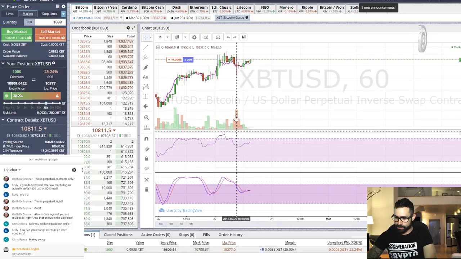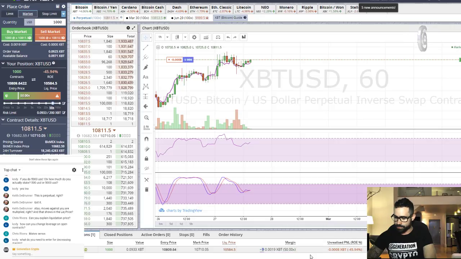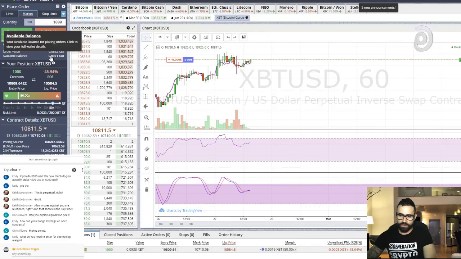As for increasing margin on an open position or decreasing it, all one has to do is move up to 50x. And liquidation price now is 10,500, right? 50x margin. And what happens is that would free up my capital.